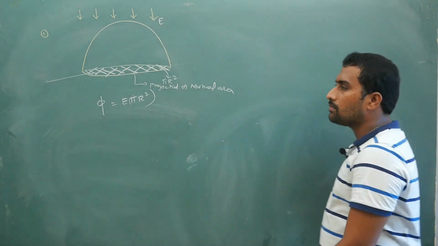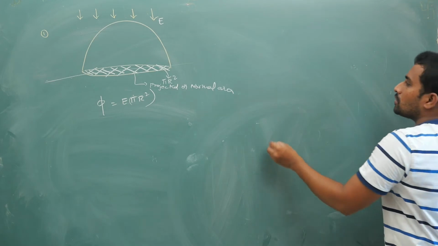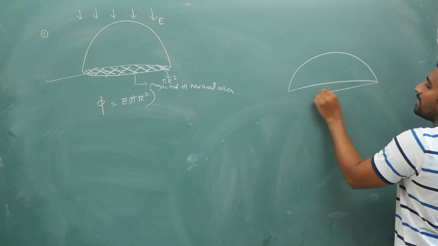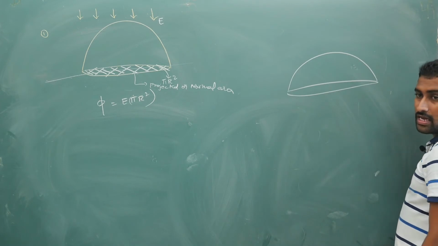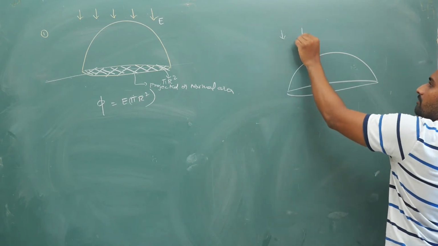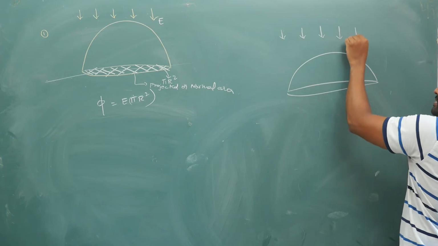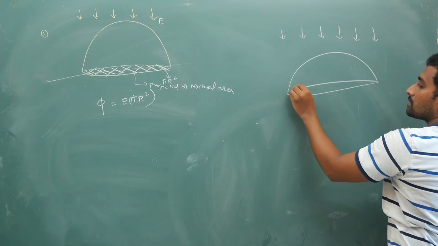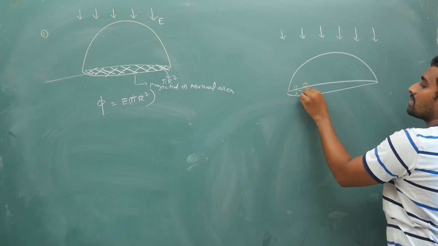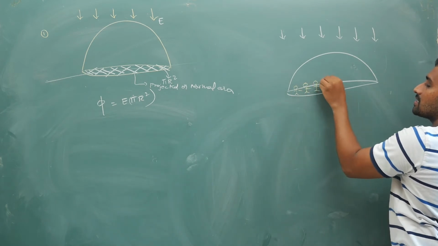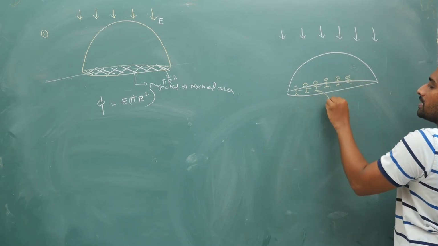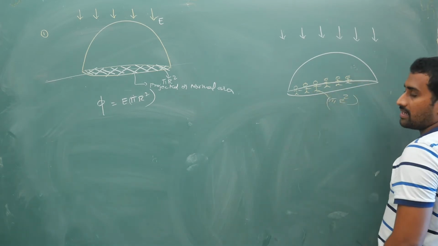I will give some more clarity. You can assume that the projected area is, let us say you have a tent of this shape. When rain falls like this, the area across which you can stay without getting wet is pi r square.